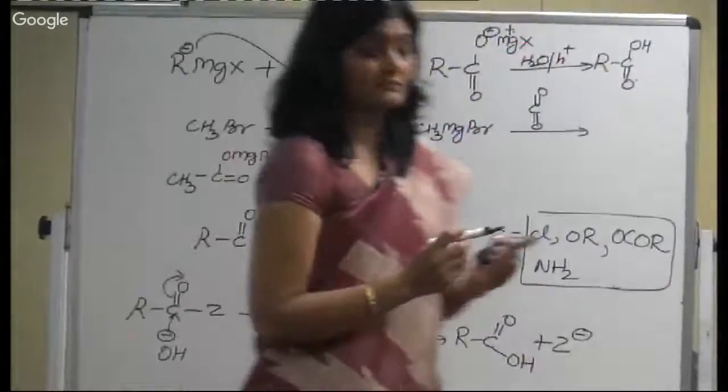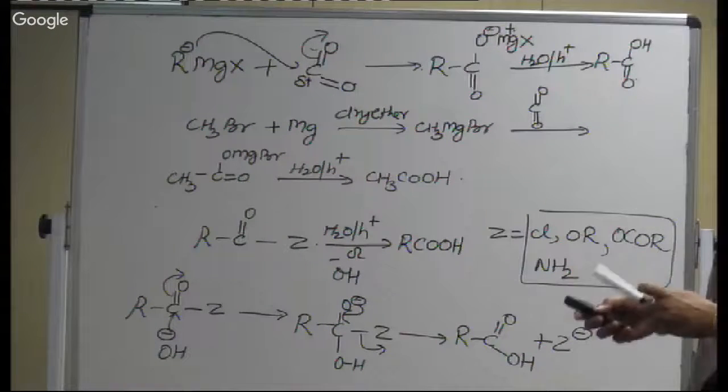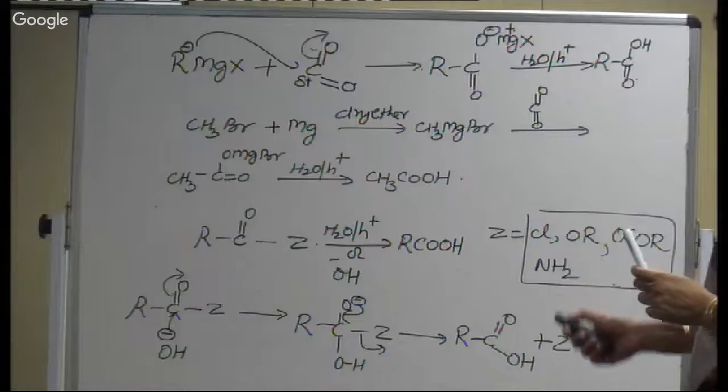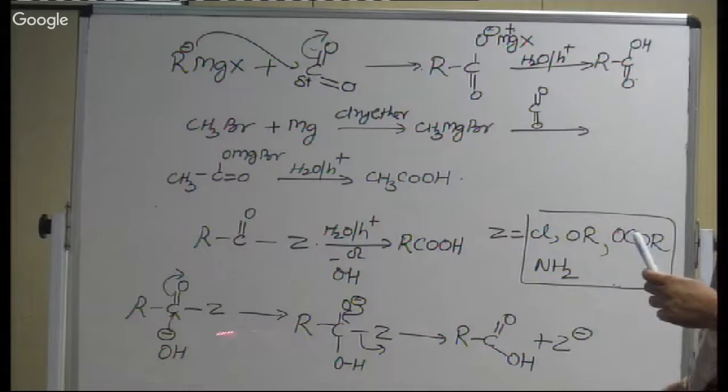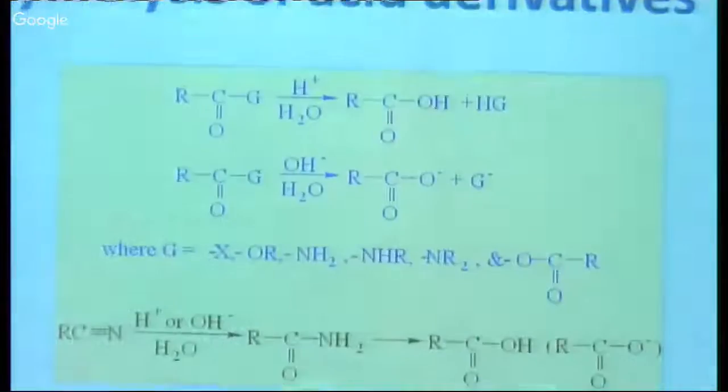That is how the reaction will take place, right? You can see on the screen, I have shown how the acid derivatives have been converted into carboxylic acids having the same number of carbons. Now, a similar reaction can be done for alkyl nitriles also.